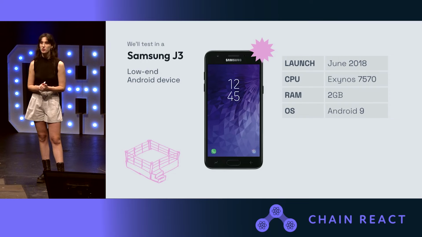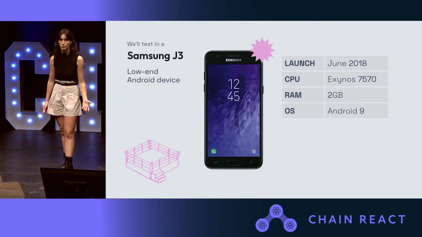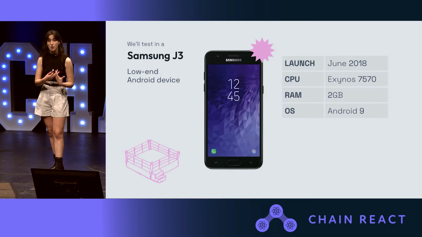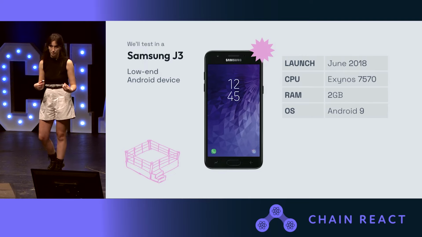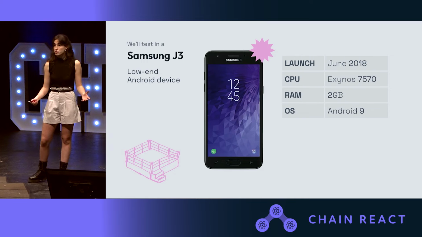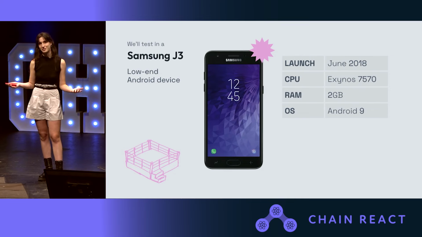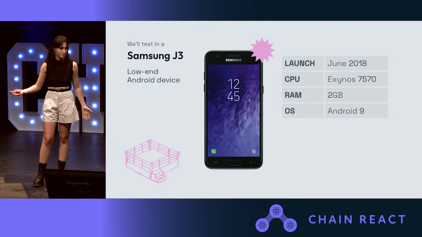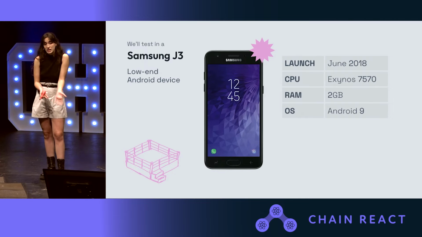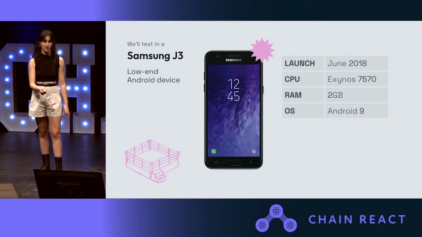Because I thought that the performance improvements, if there are any, would be more noticeable in a phone that really suffers from performance issues itself. And also, there's a big segment of your users that are not using the latest iPhone. They are using lower-end Android devices, and you want to give those users a good experience too, right?